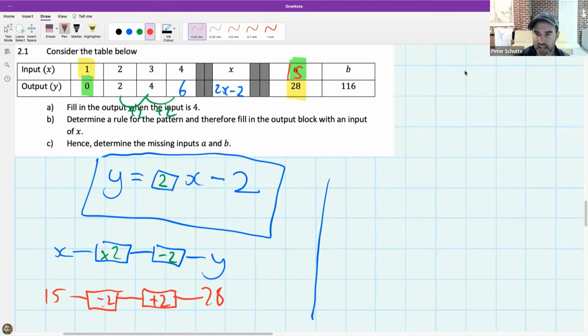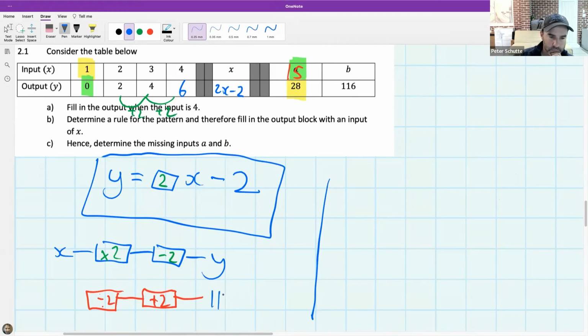What is B going to be? Who would like to try and give us B? Luyanda, go ahead. So basically, sir, in order to get to your answer, you have 116.